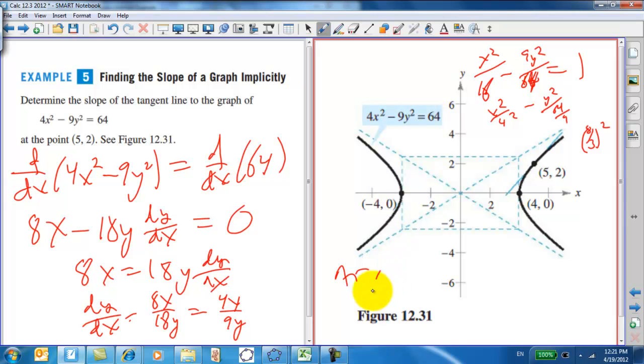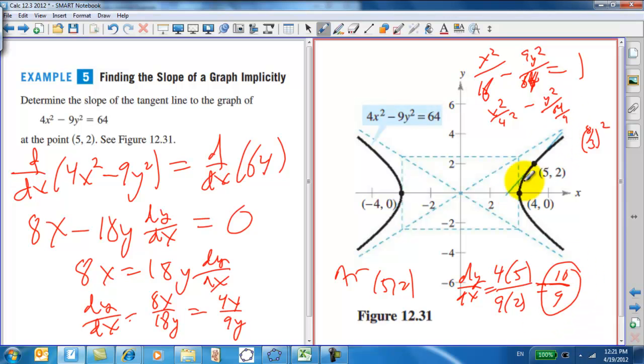So at the point (5, 2), our slope should be 4 times x, which is 5, over 9 times y, which is 2, and we get 10/9, or a slope of about 1 1/9. And that seems to make sense with the picture.